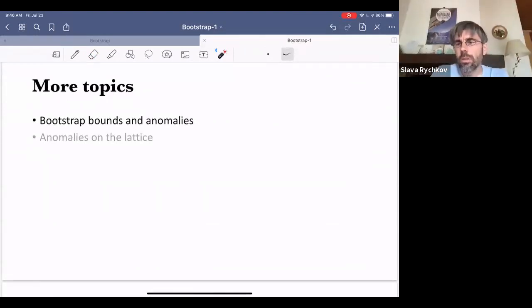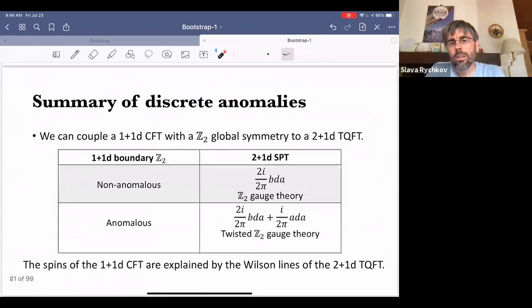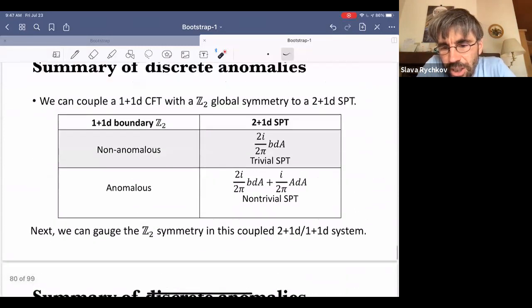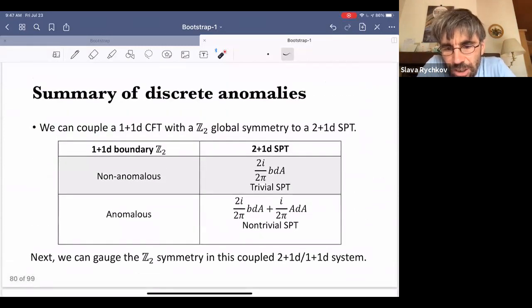Can I ask a question? Yeah, please. So I guess this story can also be read in the other direction, from a more condensed matter perspective, meaning that you have some 3D condensed matter system and you would like to know which possible CFTs can live on its boundary when you cut it.